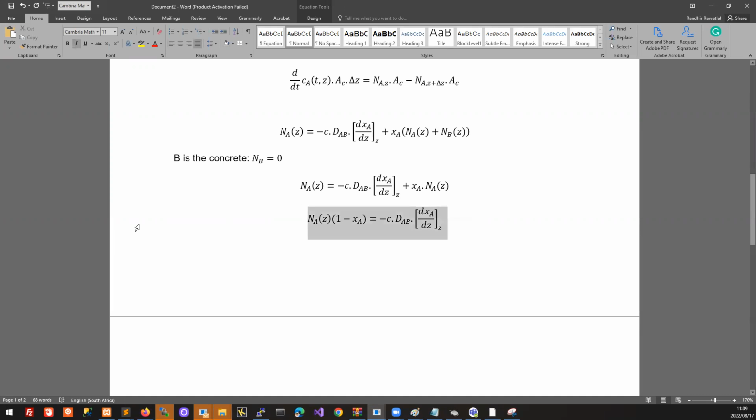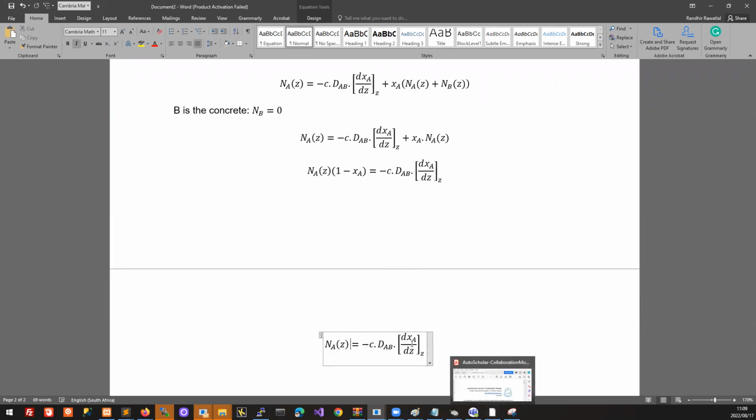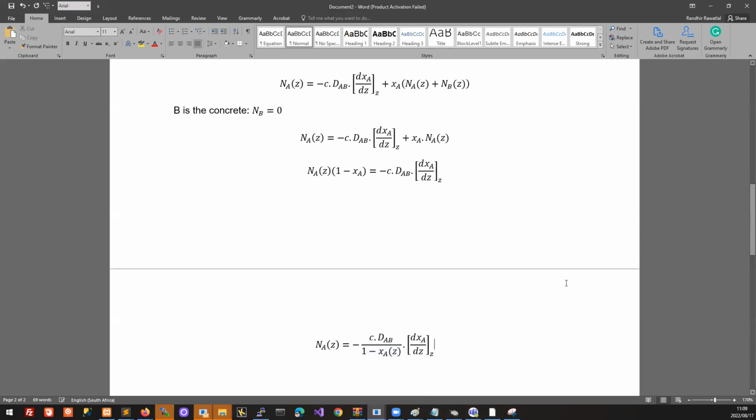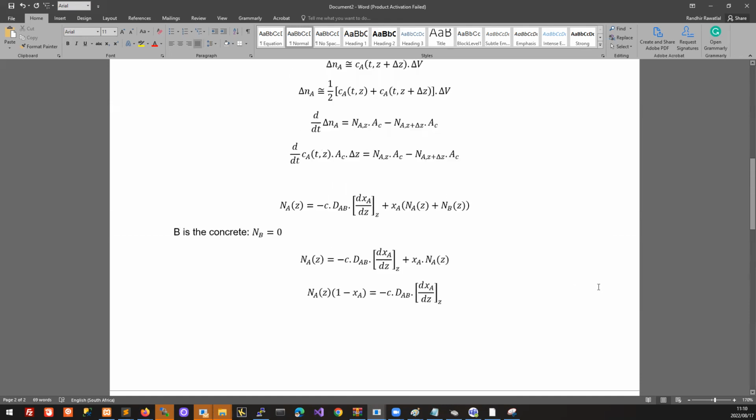Or we could say this is equal to NA, because we actually need this expression for NA, and we want to divide it here. Right, so that's NA as a function of Z. We do want to point out here that this XA is a function of Z as well. So mole fraction is changing in Z if concentration is changing. Let's work like this. So that's our NA.